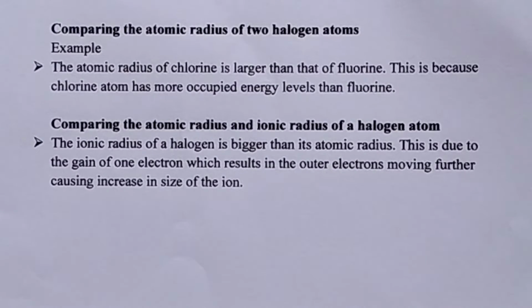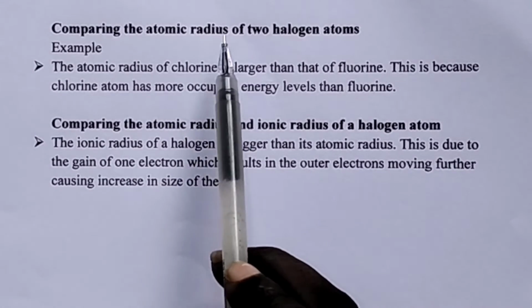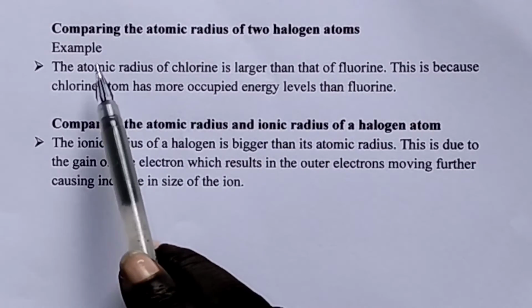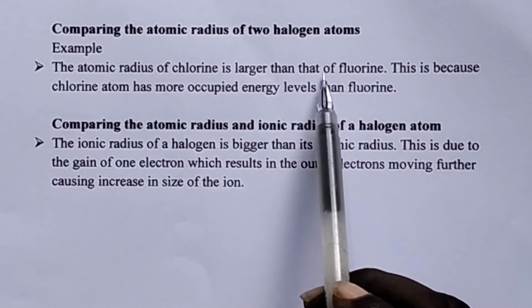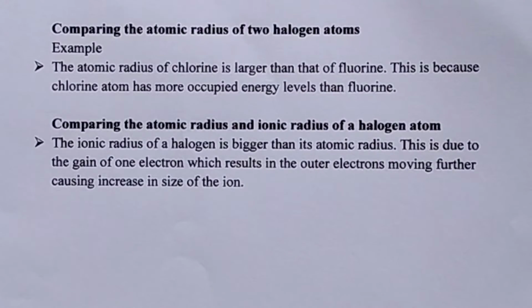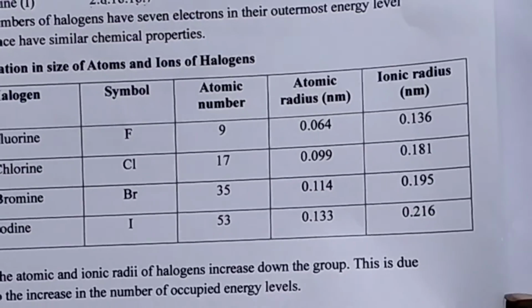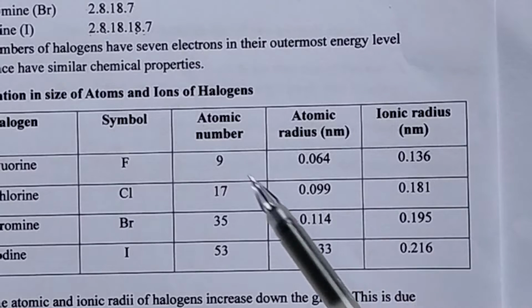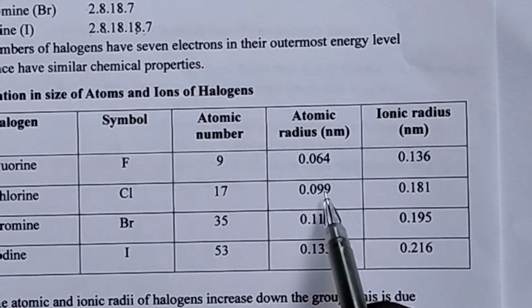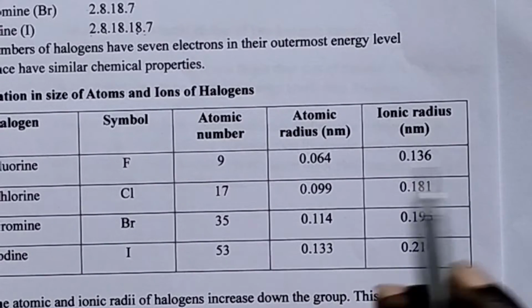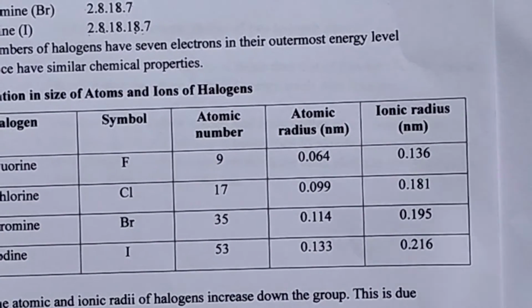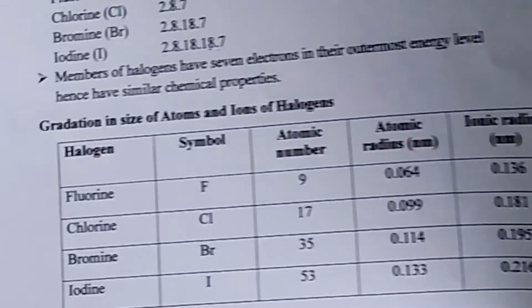Next, let's compare the atomic radius of 2 halogen atoms. For example, the atomic radius of chlorine is larger than that of fluorine. From the table, the atomic radius of chlorine is 0.099 and that of fluorine is 0.064. That means chlorine has a higher atomic radius than fluorine. What is the reason?